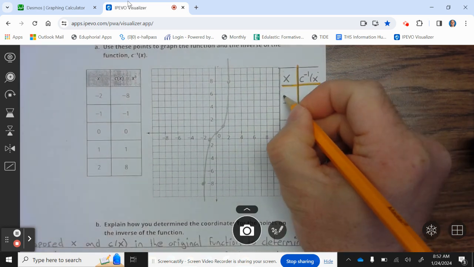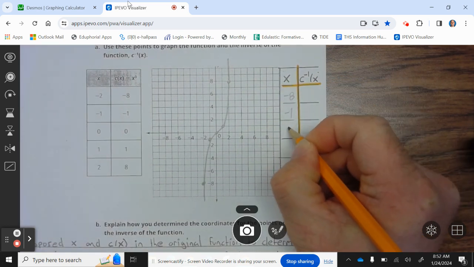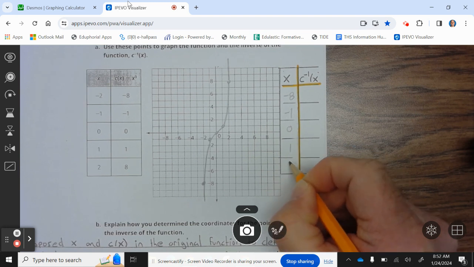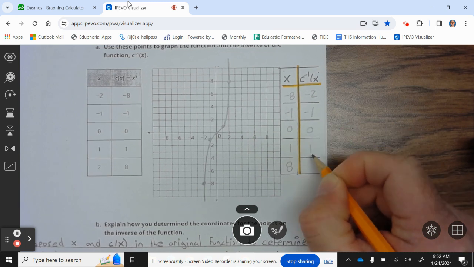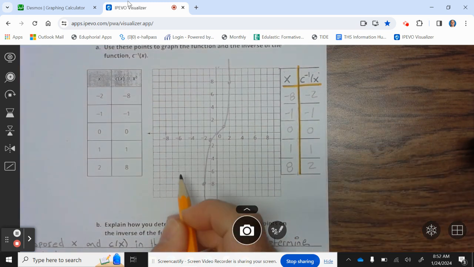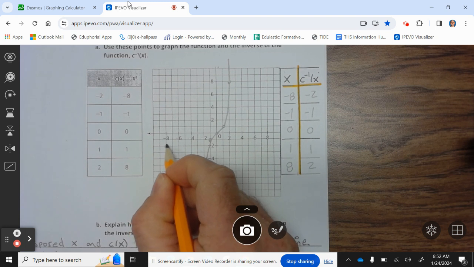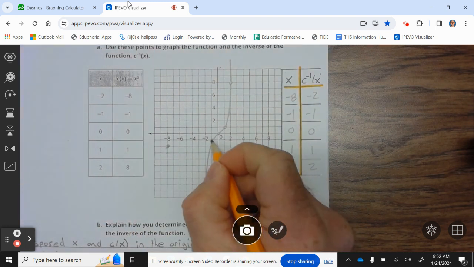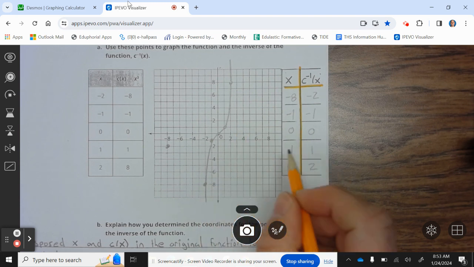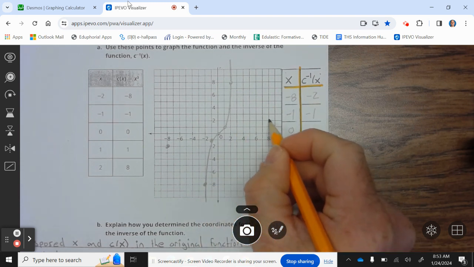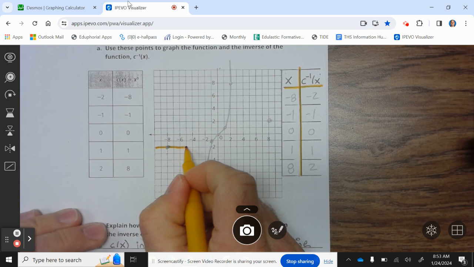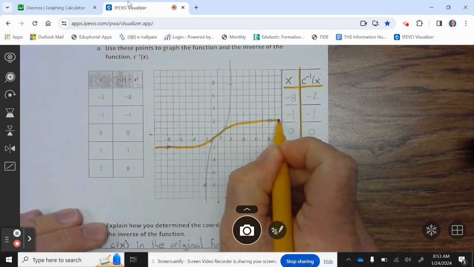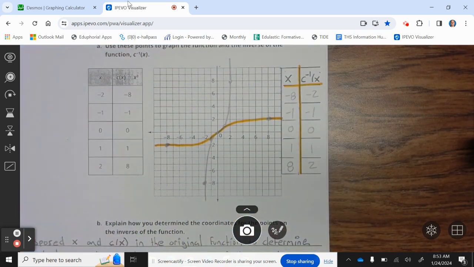So the x-values become negative 8, negative 1, 0, 1, 8, and the y-values become negative 2, negative 1, 0, 1, 2. So (negative 8, negative 2), (negative 1, negative 1), (0, 0), (1, 1), and (8, 2). All right, go ahead and finish up the graph.